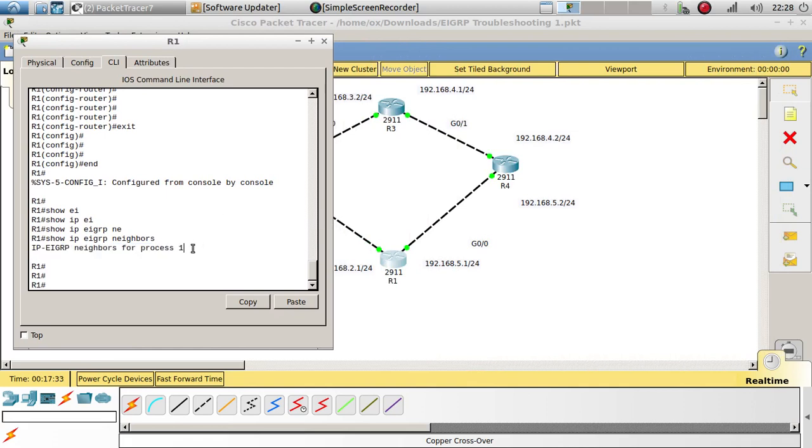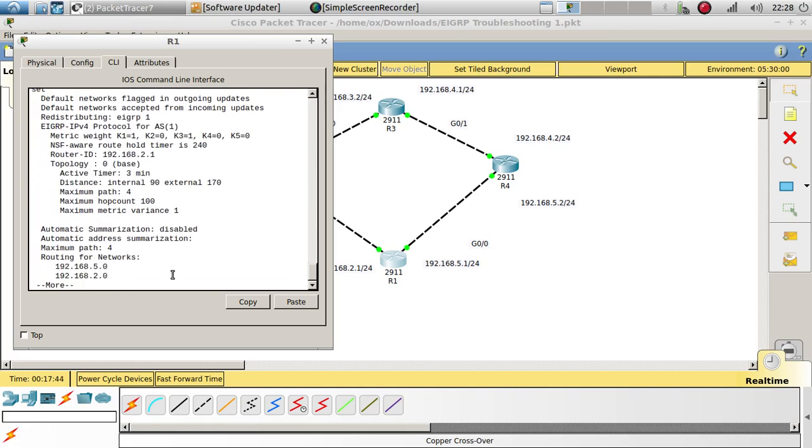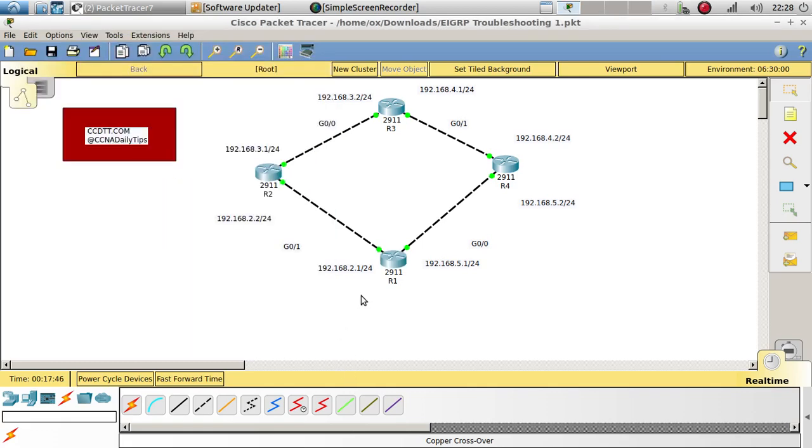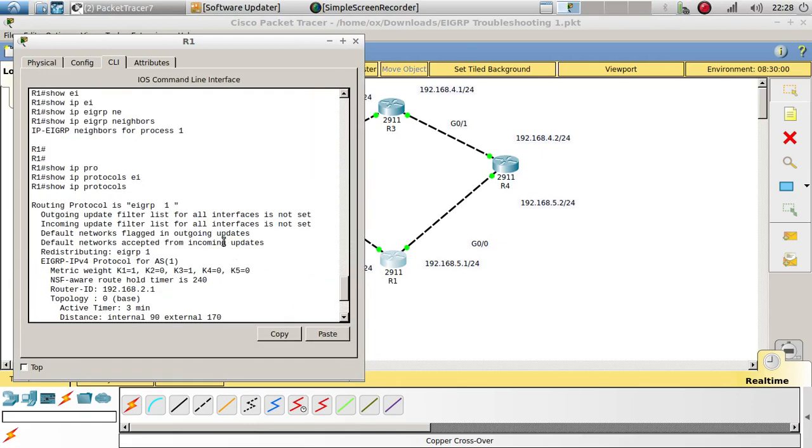So we see that we are running EIGRP 1. Let's go ahead and do show IP protocols. From here, let's see if EIGRP is actually running. Yes, EIGRP is actually running.